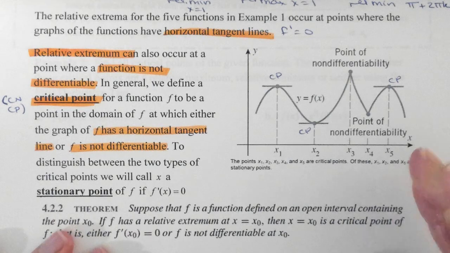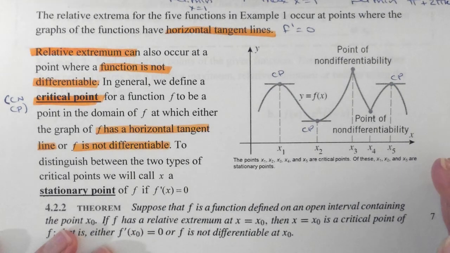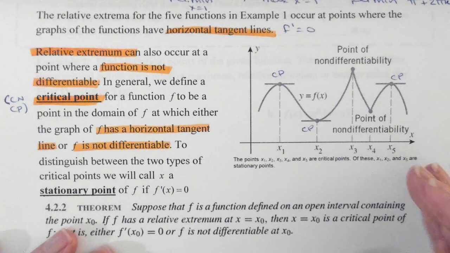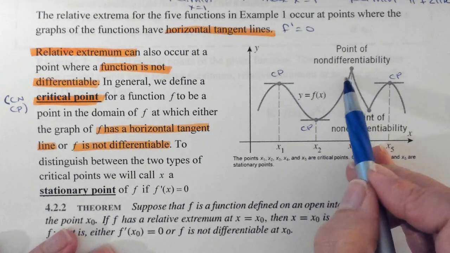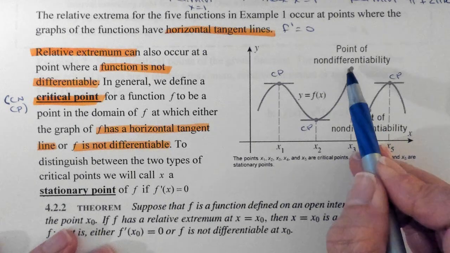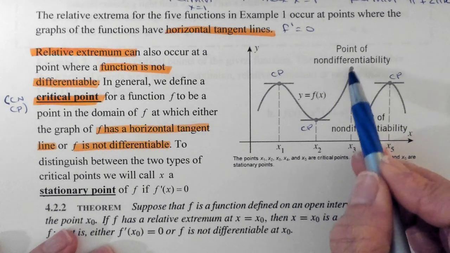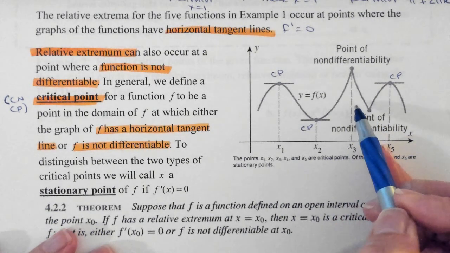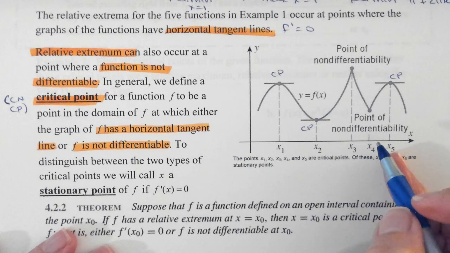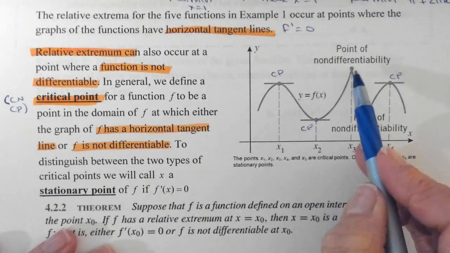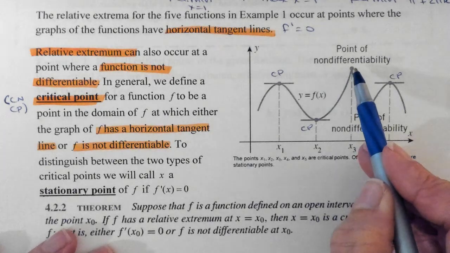Now, the other portion of that definition says that f can also have a critical point where the function is not differentiable. So what would you classify this as right here? Look at the graph. A cusp. And we know that a function is not differentiable at a cusp. However, could this be a relative max?